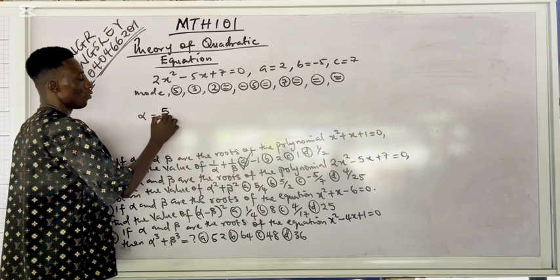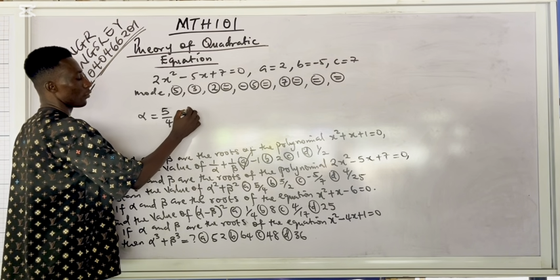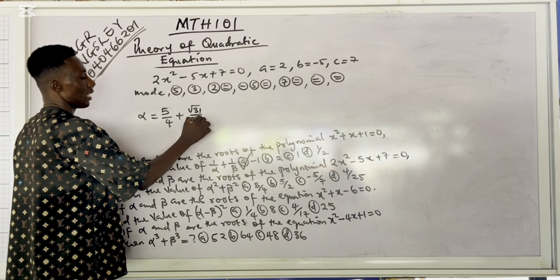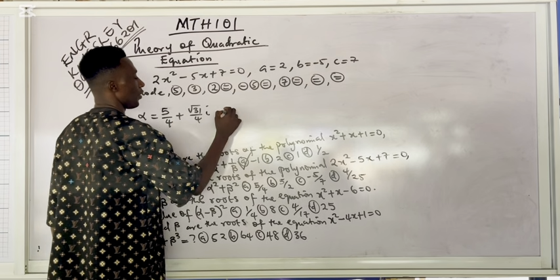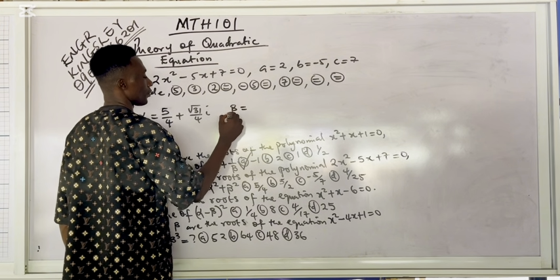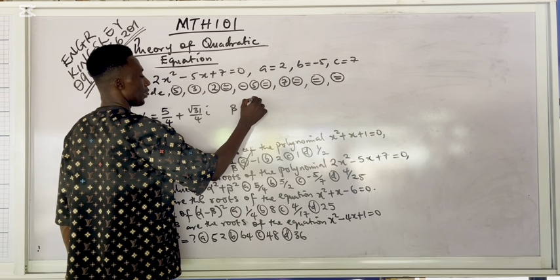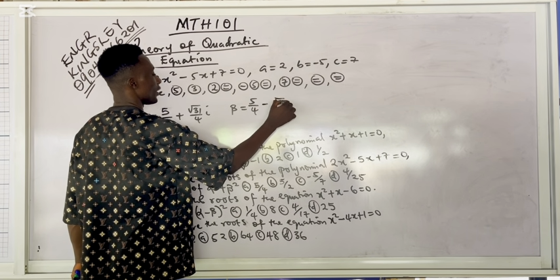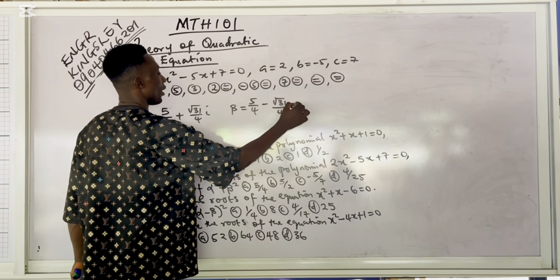Alpha is 5 over 4 plus root 31 over 4 i. Then the value of beta is what? 5 over 4 minus root 31 over 4i.